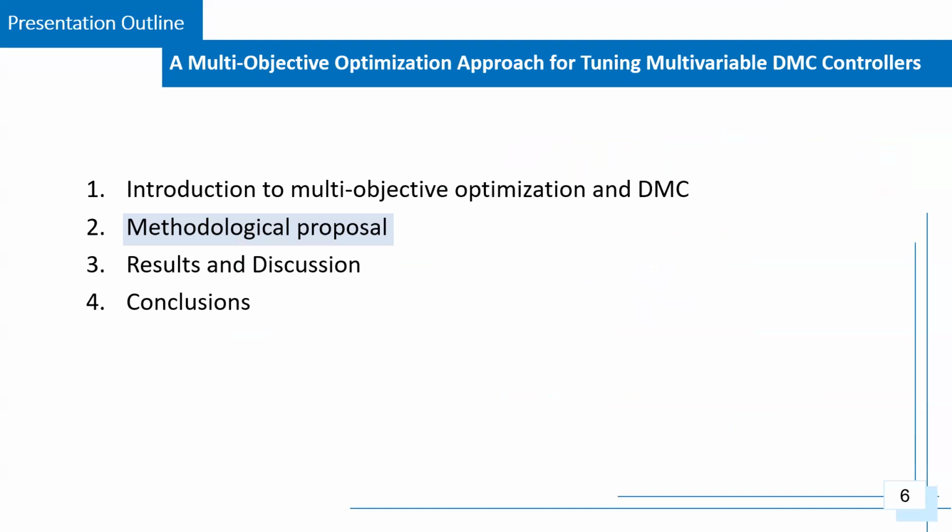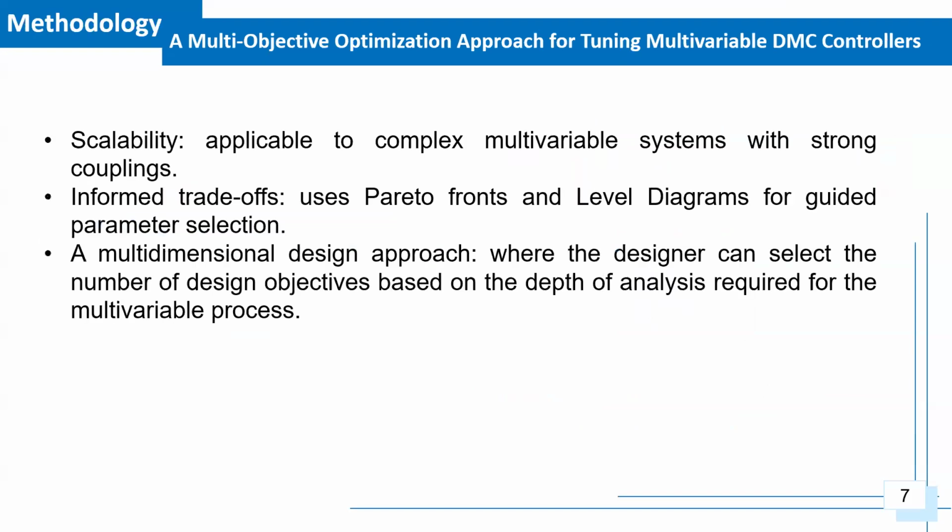Now, I will present the methodological proposal. The proposed methodology addresses several important limitations in the existing multivariable control literature. First, scalability: it is applicable to complex multivariable systems with strong couplings.